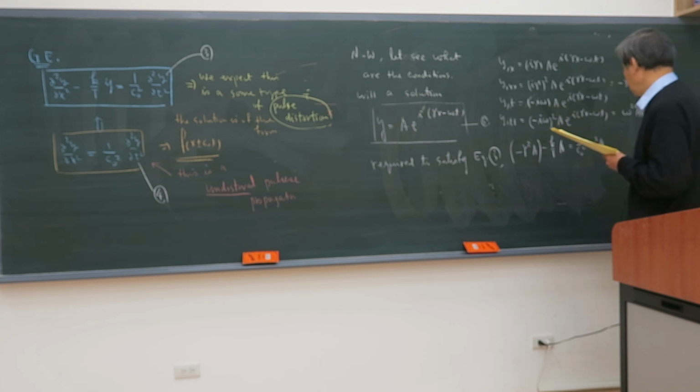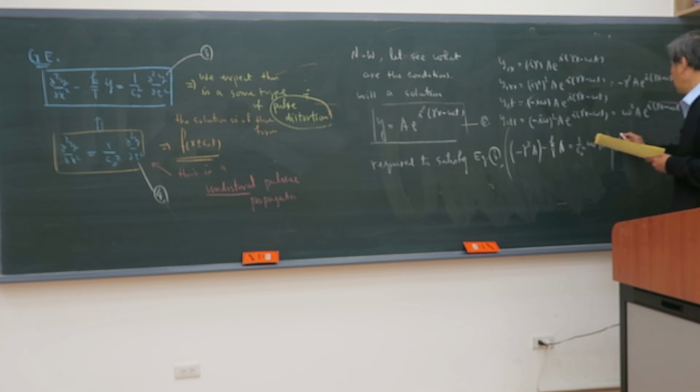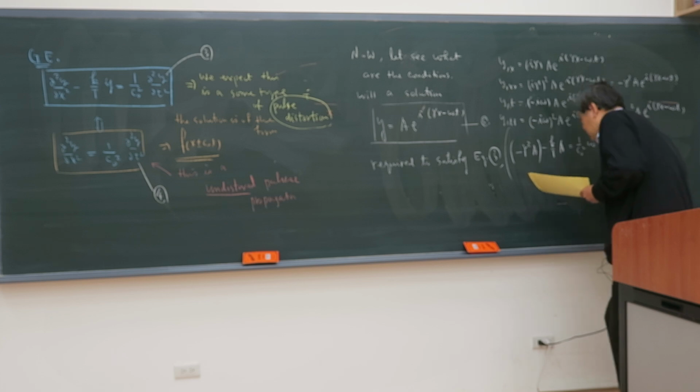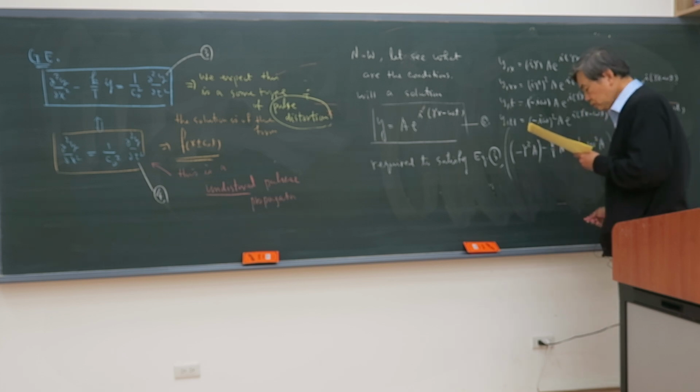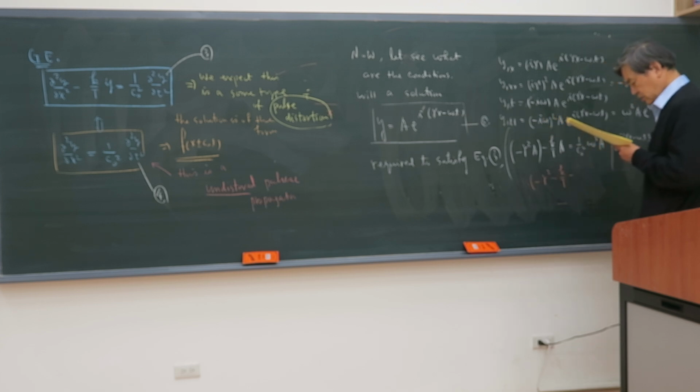Times e to the i gamma x minus omega t equal to 0, right? So this can be written as minus gamma square minus k over T.